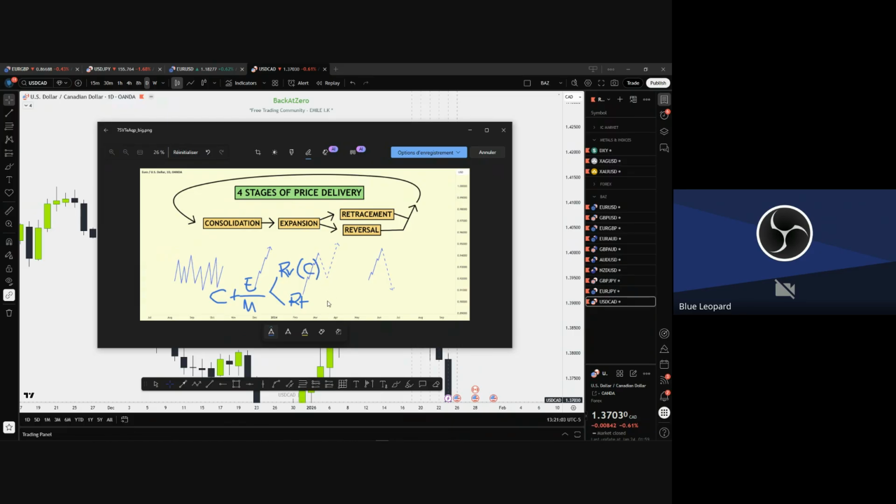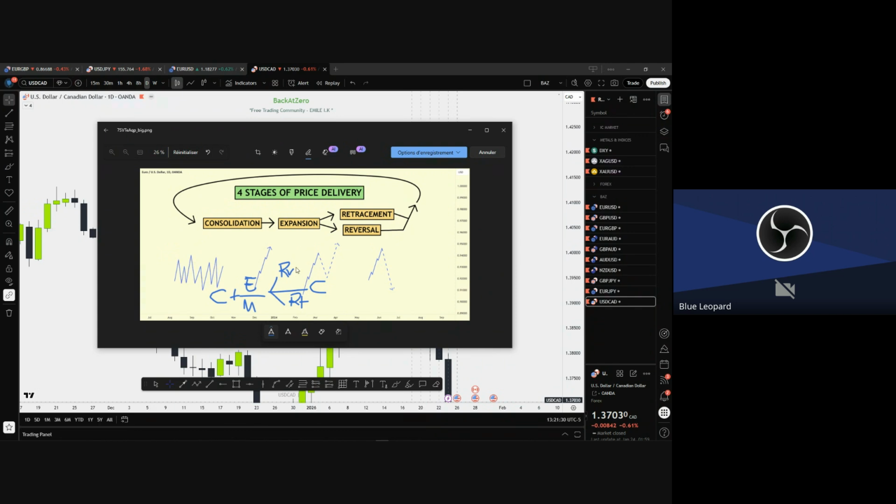Sometimes the retracement could just be a slow consolidation moving down, okay, in a channel after an expansion, but waiting to continue higher. So what do we say here? We say that after an expansion, observe what will happen. You can have a consolidation, a reversal, or a retracement.